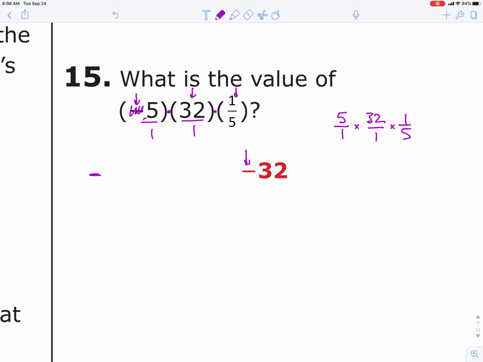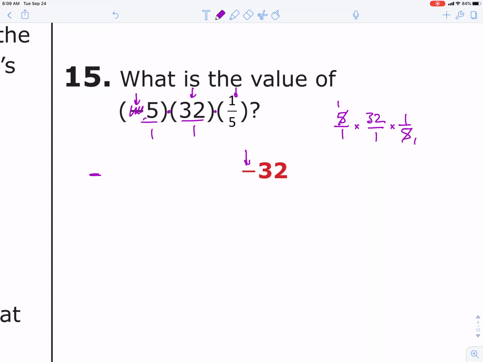When I cross-reduce, that means I can look at any one numerator and compare it to any denominator. Well, guess what? I see a 5 in the numerator and a 5 in the denominator, right? So guess what those do? Those cancel or reduce. 5 goes into 5 one time, 5 goes into 5 one time. Can I reduce anything else? No, there's nothing else to reduce because all I've got left is 1s.